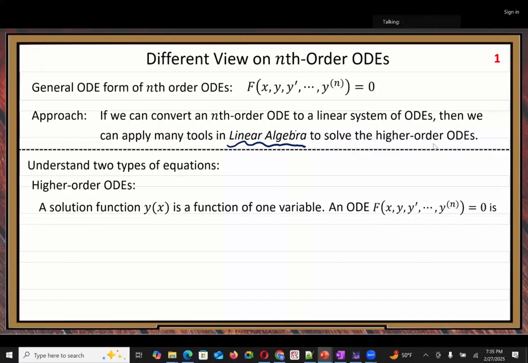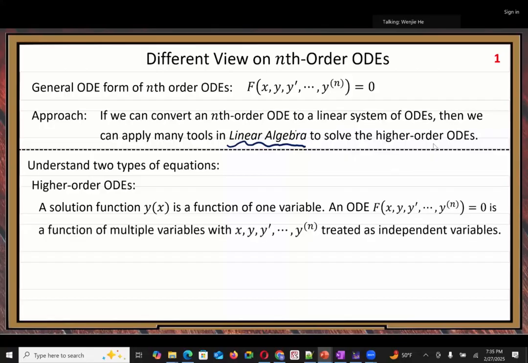Then for this general form ODE, can we introduce some new variables to represent these derivatives, right? New variables. So that's the idea.